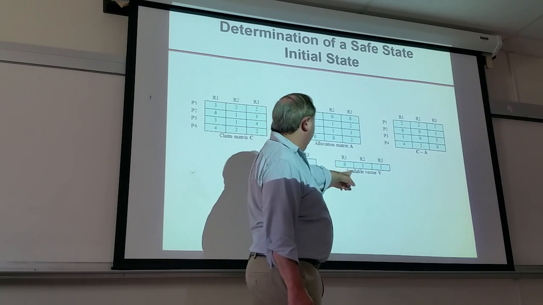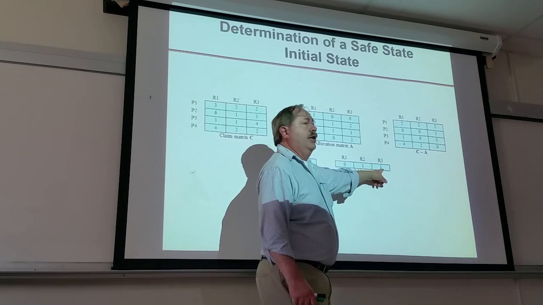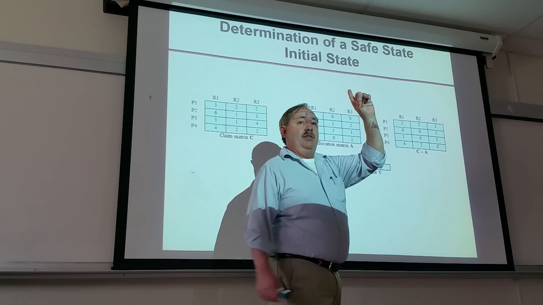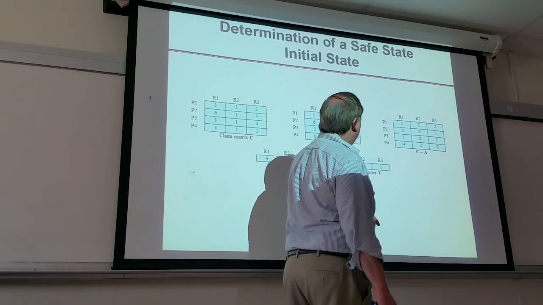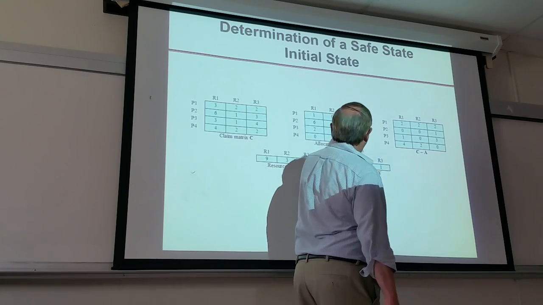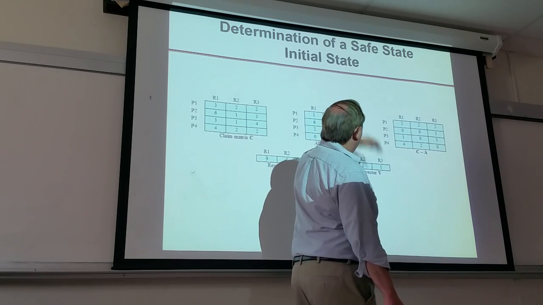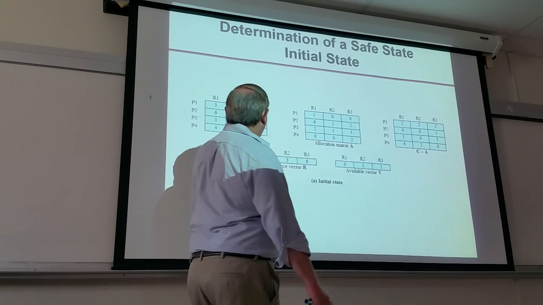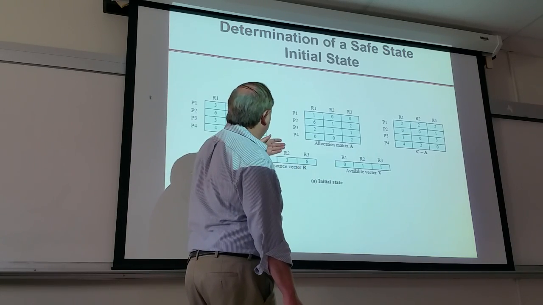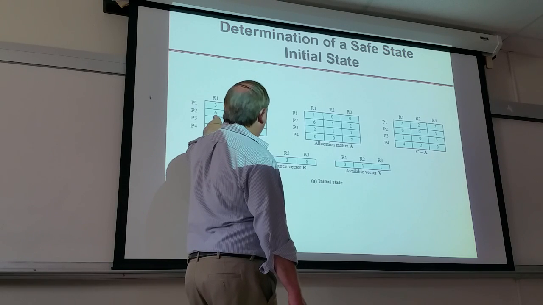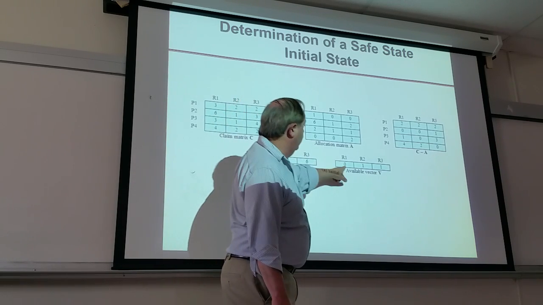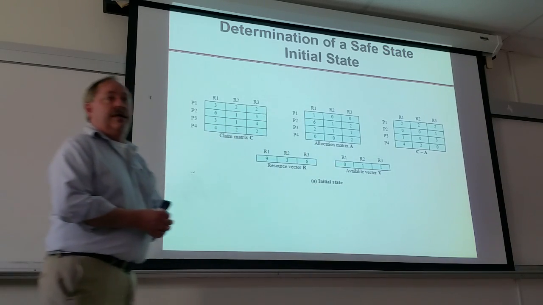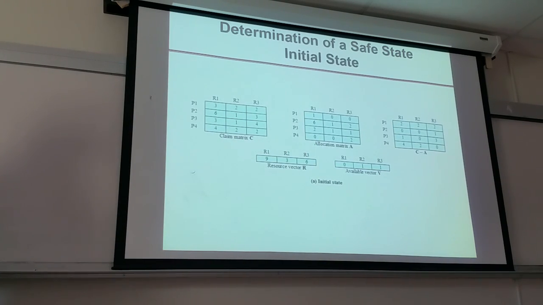We look inside the available vector and I do have a 3. So I have a path that exists. I can grant this process a request, it runs to completion, and then it returns all of its resources into the available vector. So after I run P2 to completion, I take 6, 1, and 3 to make 6, 2, and 4, right? Because it can run to completion.